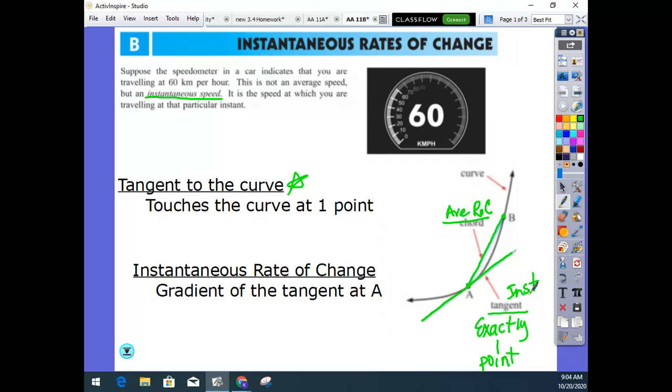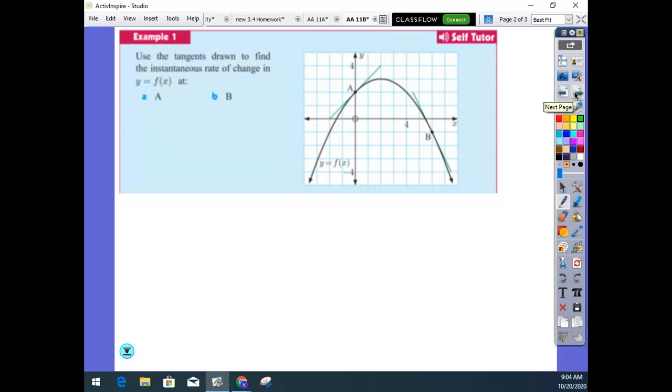The tangent represents instantaneous, and the average is the slope of 2 points. Now, if we want the instantaneous rate of change, you just want the slope of the tangent line. So where the slope of 2 points is the average rate of change, the slope of this line at 1 point is your instantaneous rate of change.